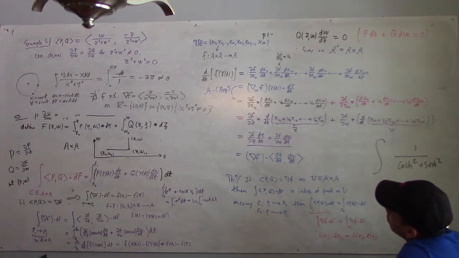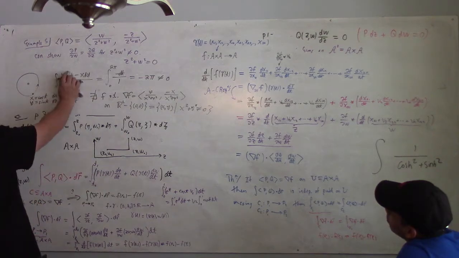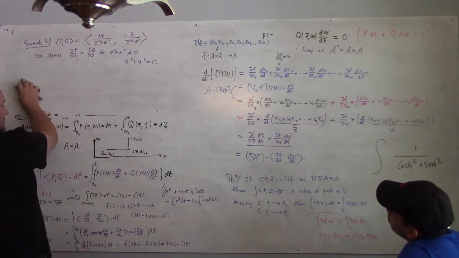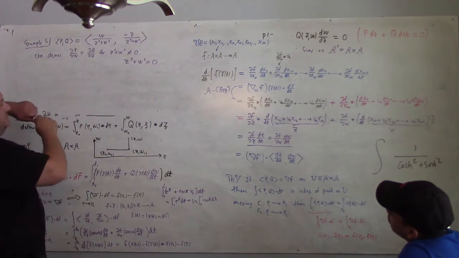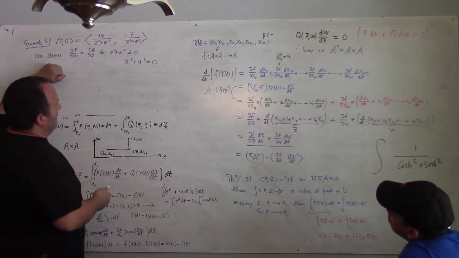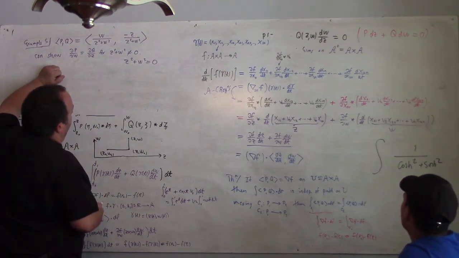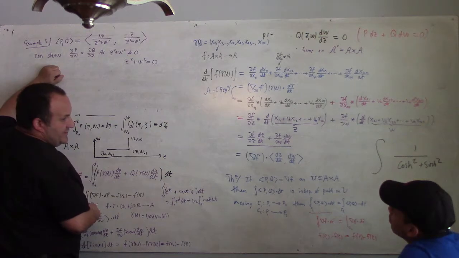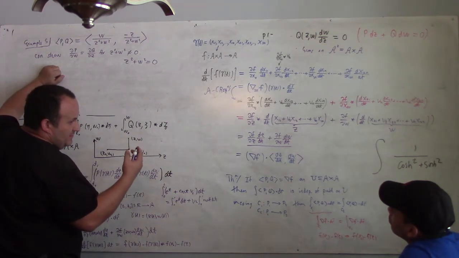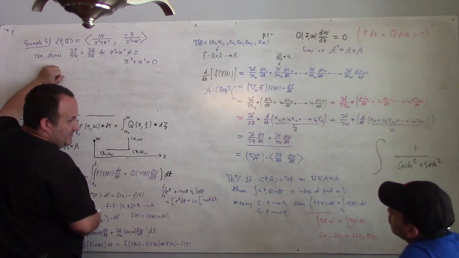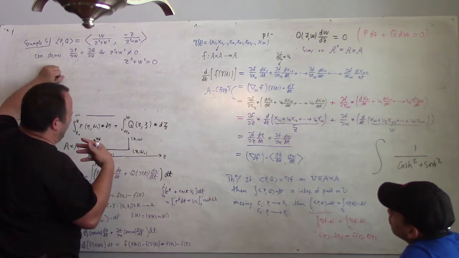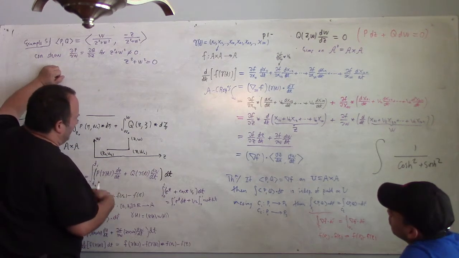I'm gonna erase this. Probably not. No, probably not, because there's no i in H. So in some sense, I need to have a square that gives me a negative, and something that can do that is like an imaginary unit.